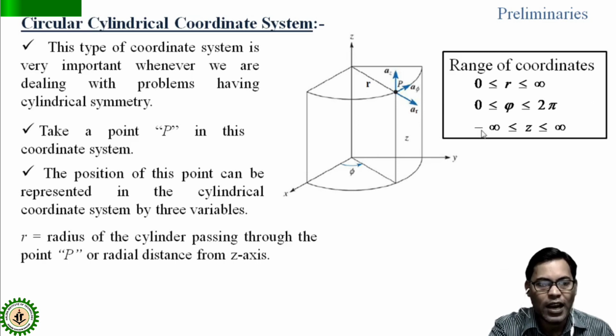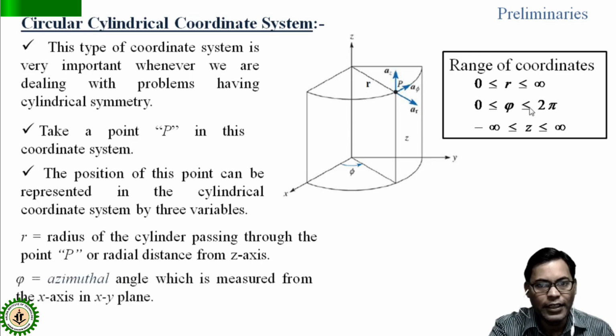Here, what is r? r is the radius of the cylinder passing through the point P. Here, r is the radial distance from the z axis, and which is passing through the point P. And the unit vector, if we draw here, will start from this point P and follow the path in which r is moving.